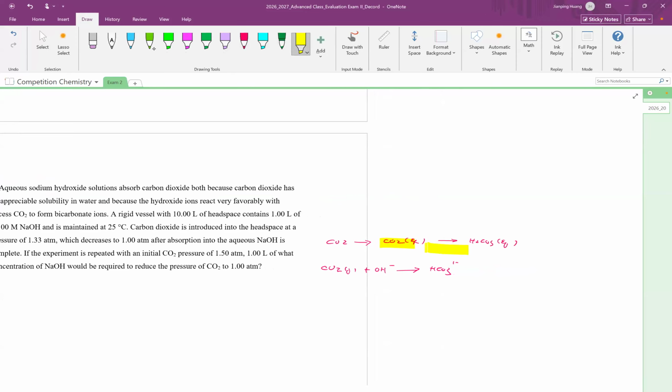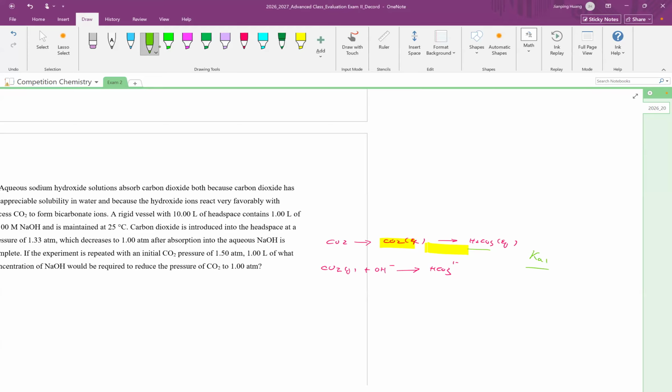Anyone remember we discussed? Most carbon dioxide dissolves in the water, and a very small percentage forms carbonic acid. That's why the Ka1 is very small compared to a common diprotic acid.